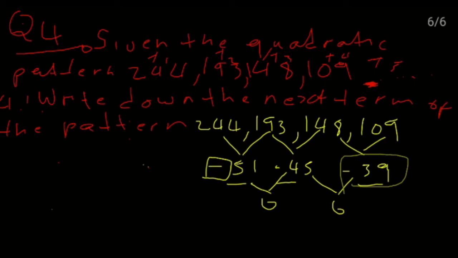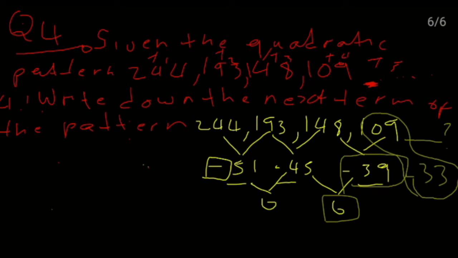Meaning you will say negative 39 plus 6 should give you negative 33, right? Now for you to determine the next term here, you simply add the negative 33 to the 109. That's when you will find out what the next term is.